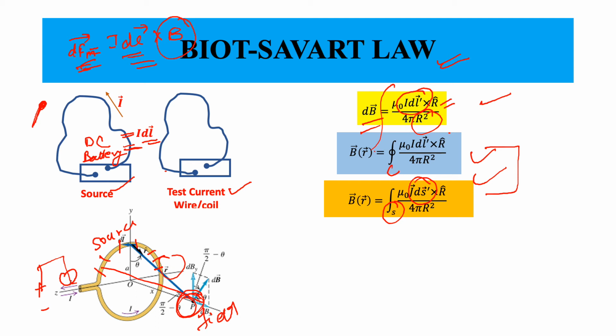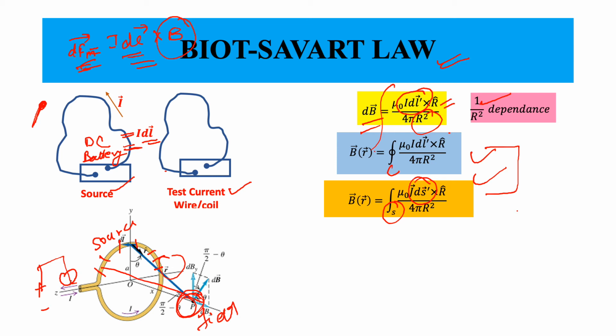One is that it has a 1 by r square dependence, and 1 by r square dependence seems to be common everywhere. We saw 1 by r square dependence in the gravity law, Newton's law of gravitation. We also see 1 by r square dependence in Coulomb's law. Now we are seeing this 1 by r square dependence in the Biot-Savart law.